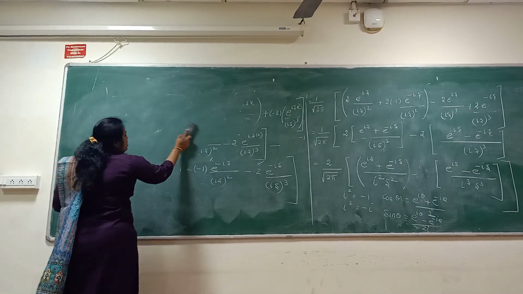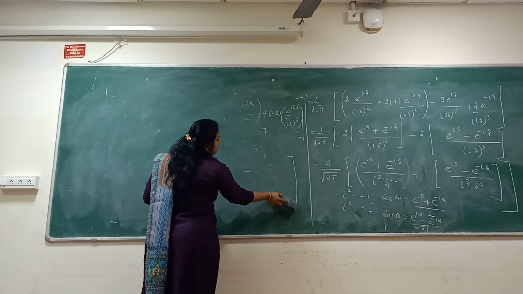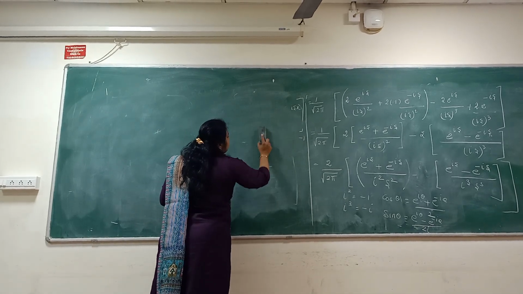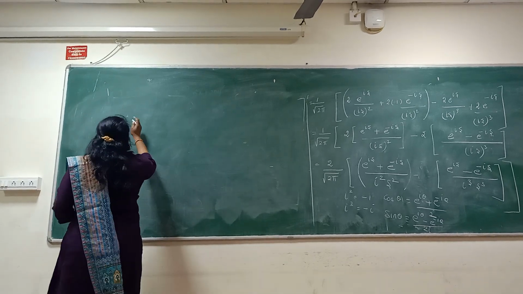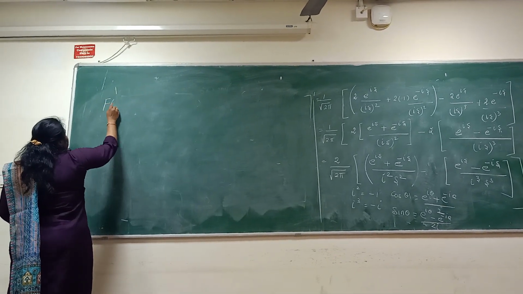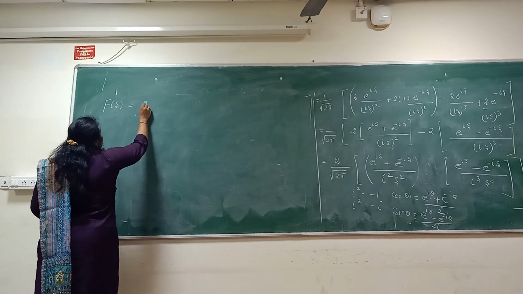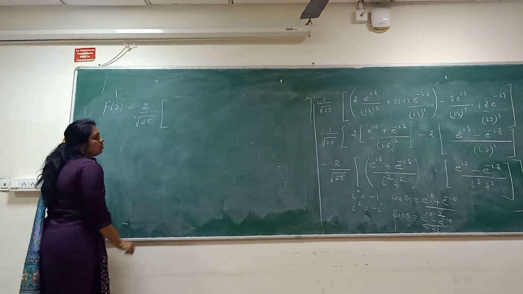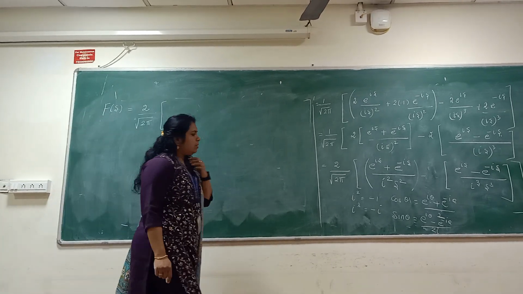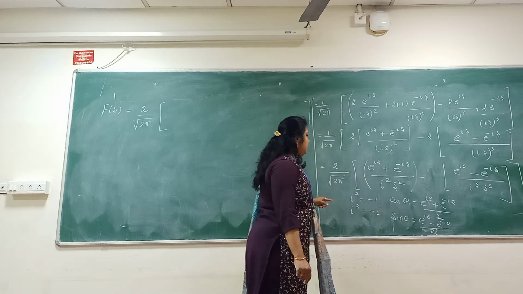So therefore, what is your f of s now? So f of s is 2 by root of 2 pi. So the 2 should be multiplied, is it?